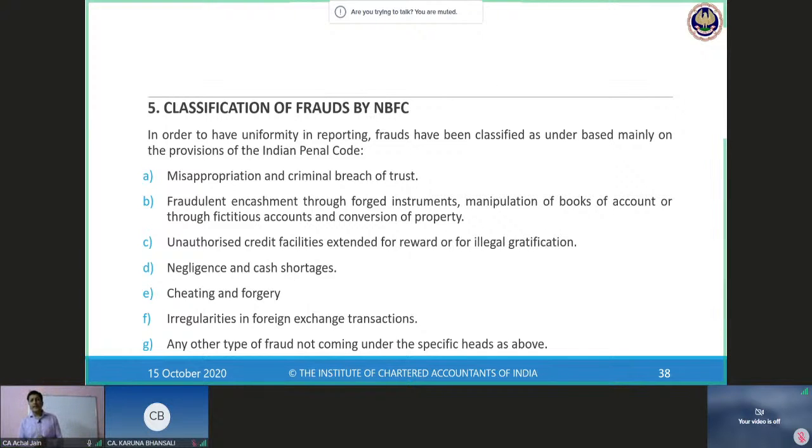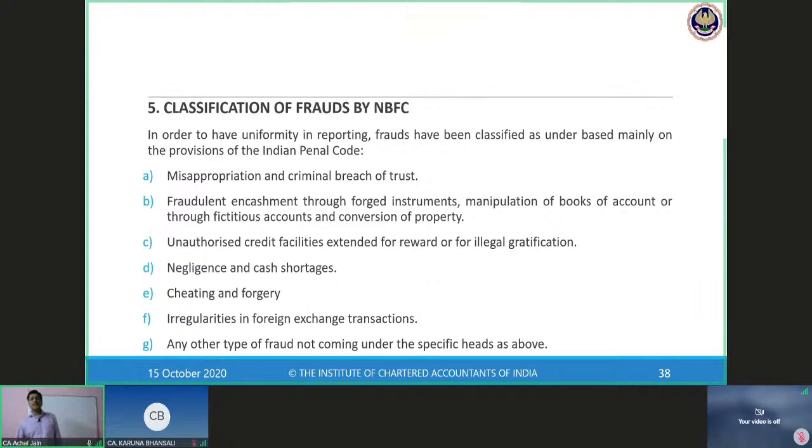In order to have uniformity in reporting, frauds have been classified as below: misappropriation and criminal breach of trust, fraudulent encashment through forged instruments, manipulation of books of accounts or through fictitious accounts or conversion of property, unauthorized credit facilities extended for reward or for illegal gratification, negligence and cash shortages, cheating and forgery, irregularities in foreign exchange transactions, and any other type of fraud which may not appear in any of the heads above.